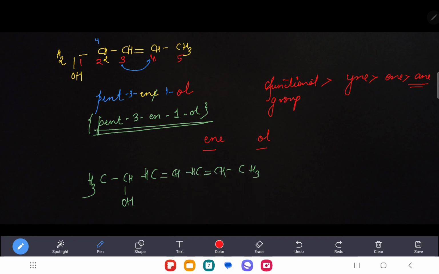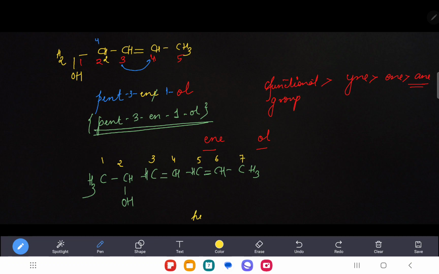So let's count the number of carbon atoms. So where do you think we are supposed to number? From the A end or from the B end? Left to right. From the A end. Correct. So I will be numbering it like this: 1, 2, 3, 4, 5, 6, 7. So we have 7 carbons.